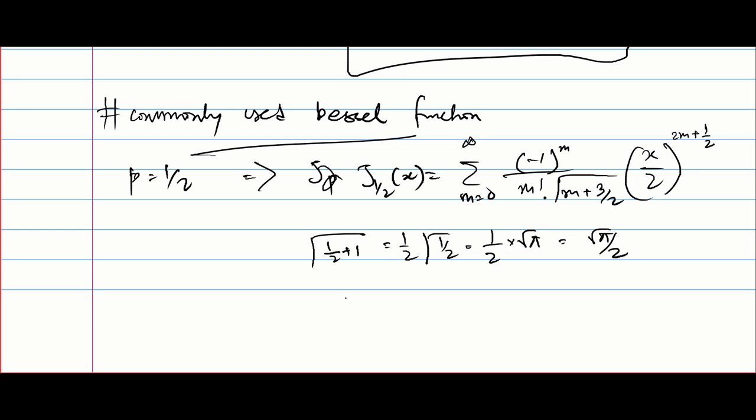Now again, if it's 3 by 2, in general it's n gamma n.